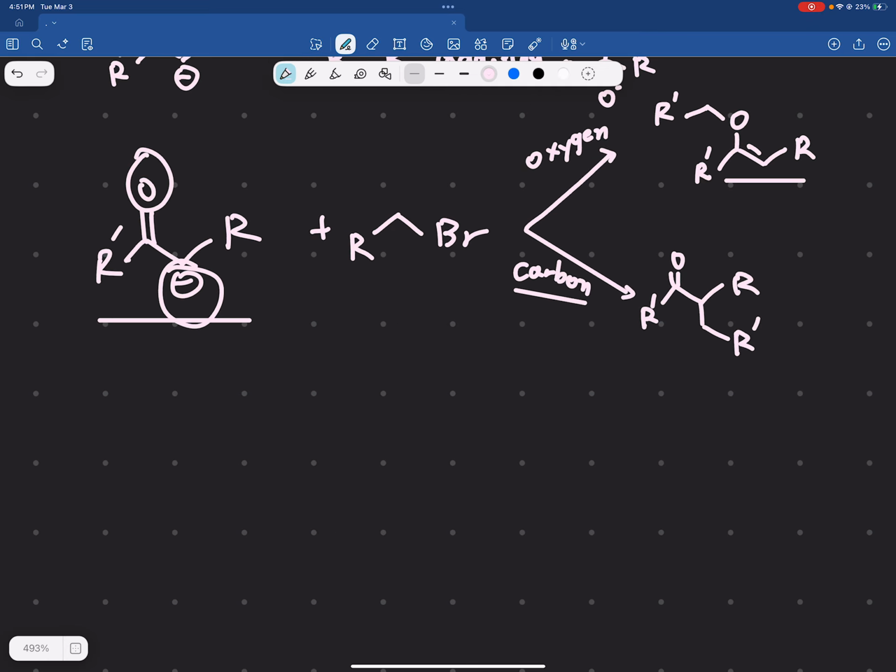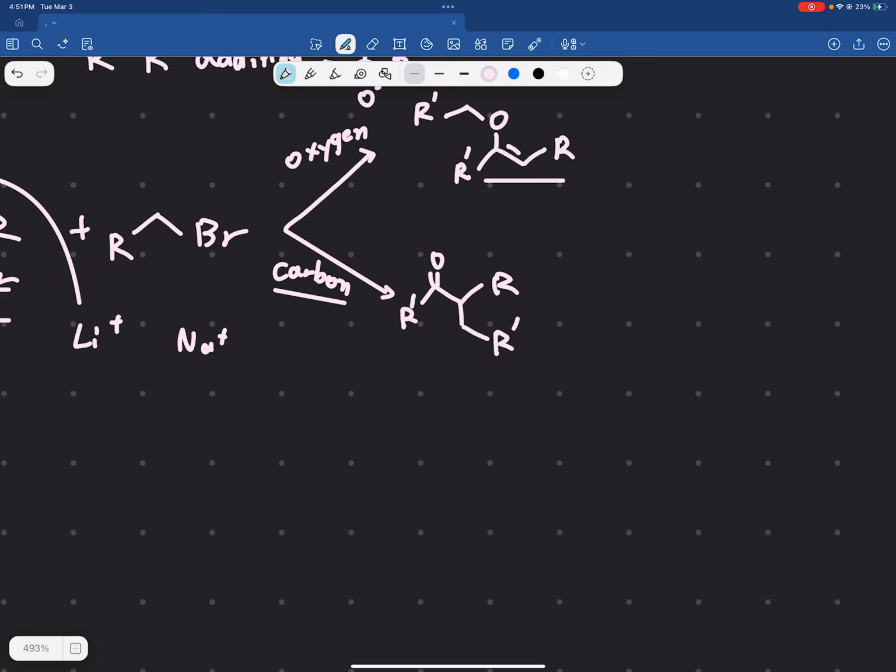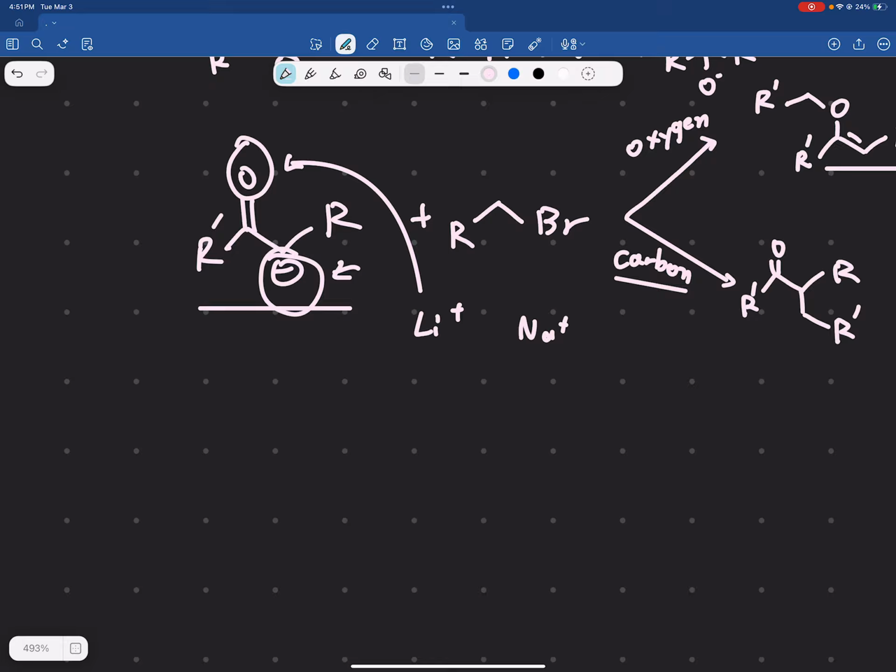So counter ions such as lithium or sodium are going to be much more closely associated with the oxygen compared to the carbon there. So this is going to make generally the reaction favor a reaction at the alpha carbon bearing the negative charge. So this will always be at the alpha carbon here.